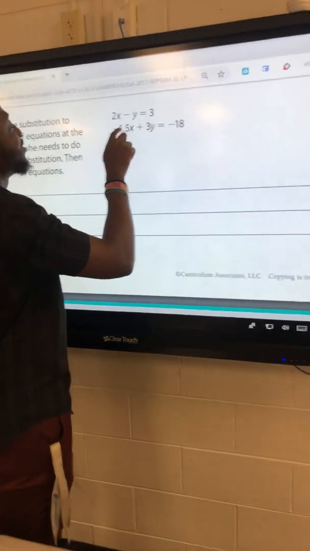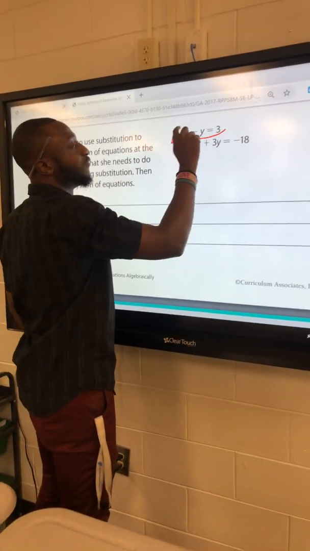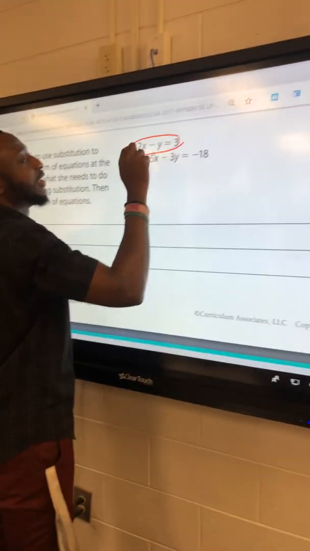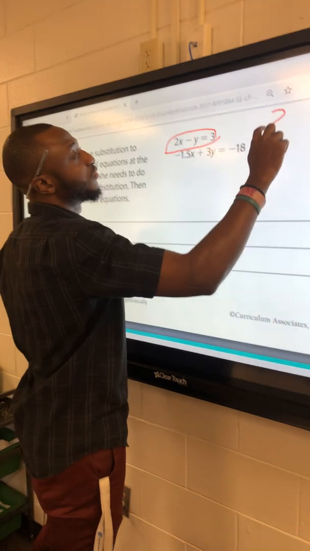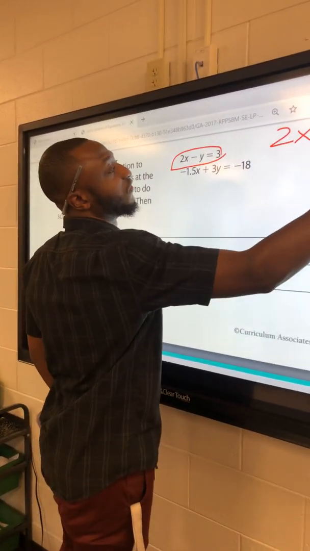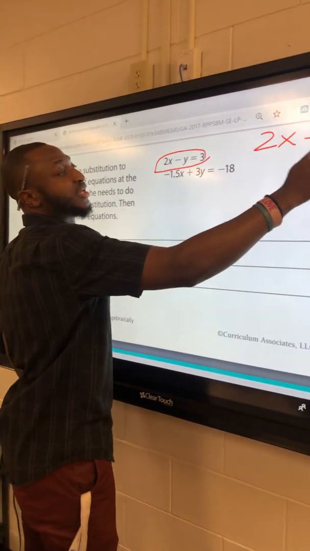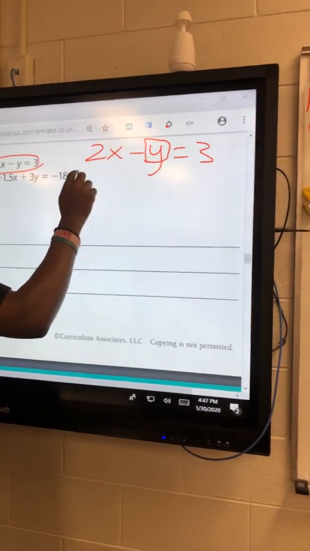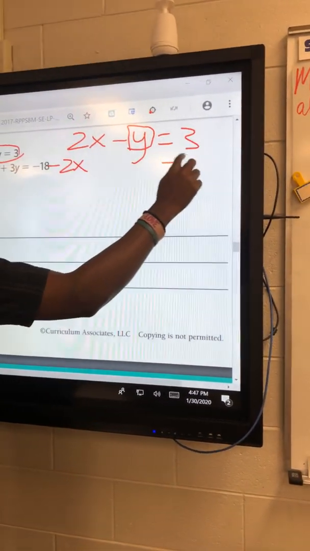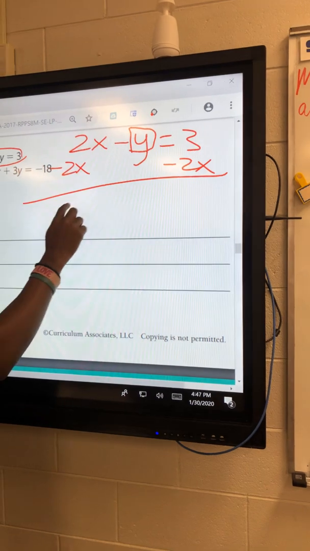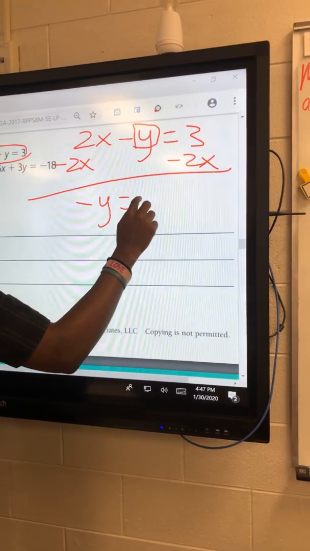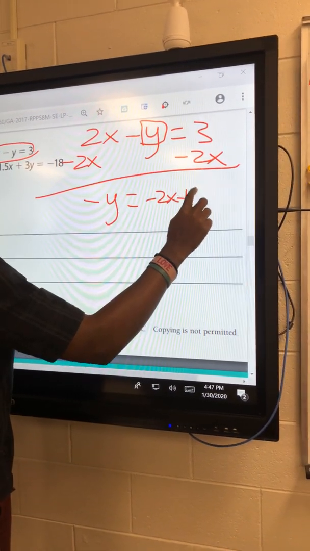Alright. So I gotta get one of these equations in the form of y equals mx plus b. I'm going to use this first one. I need to get this y alone. So I'm going to subtract 2x from both sides. So I got negative y equals negative 2x plus 3.